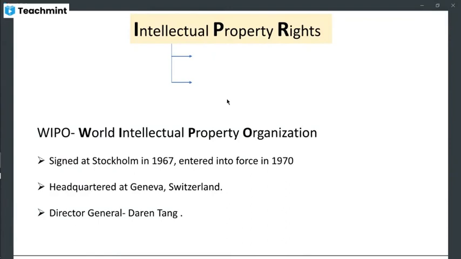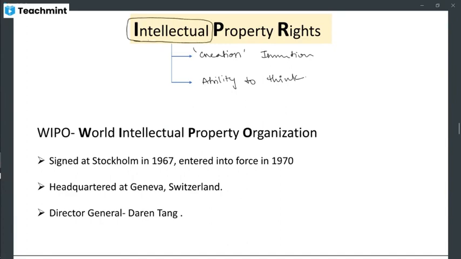The term intellectual means creation, nothing but your invention or innovation, etc. Or it is the ability to think. So this is what the term intellectual means.